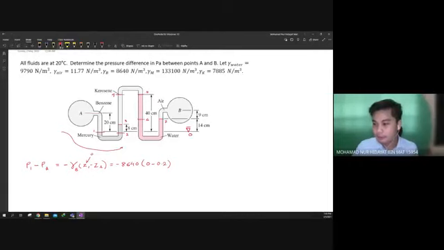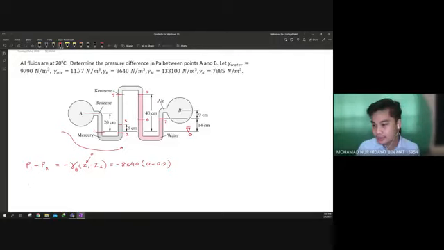So after point A to point 1, then 1 to 2. Do 1 and 2 have the same pressure? Yes. Point 1 and point 2 will have the same pressure. So you can skip this section. You jump across. So point 2 to point 3.